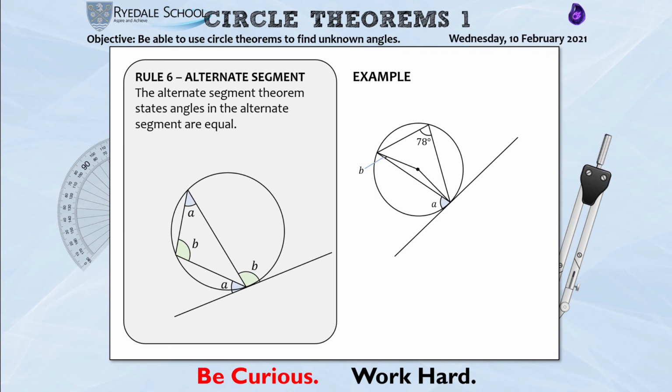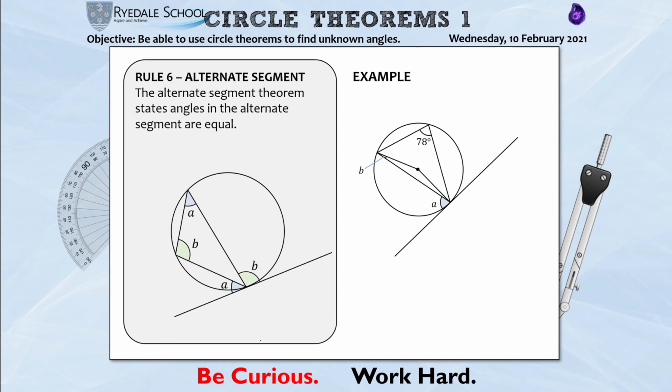You must have a tangent for this question. So if you don't have a tangent, you are never going to have the alternate segment theorem. So what the alternate segment theorem says, if you have a tangent and a triangle embedded in a circle, then these two angles are the same, and these two angles are the same.